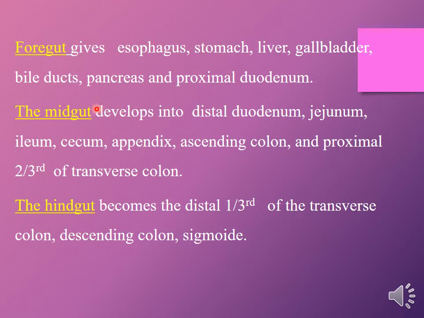The structures derived from the midgut develop into distal duodenum, jejunum, ileum, cecum, appendix, ascending colon, and the proximal two-thirds of the transverse colon. The distal third of the transverse colon and descending colon and sigmoid belong to the hindgut.